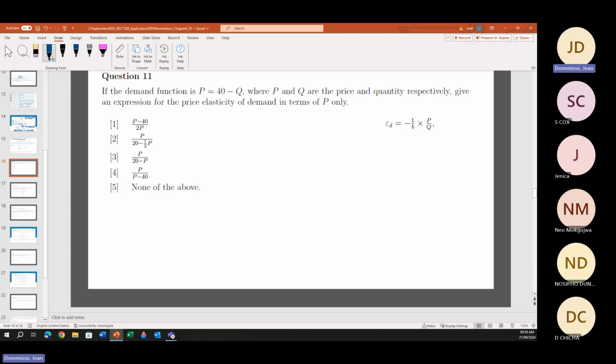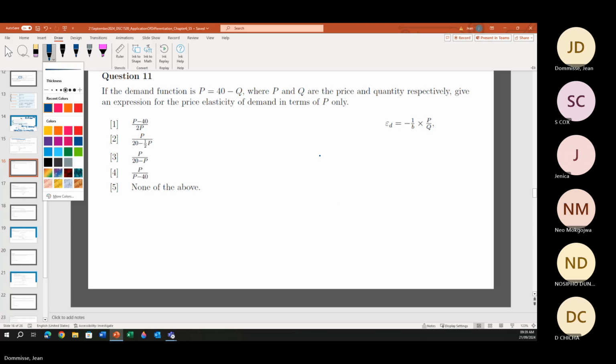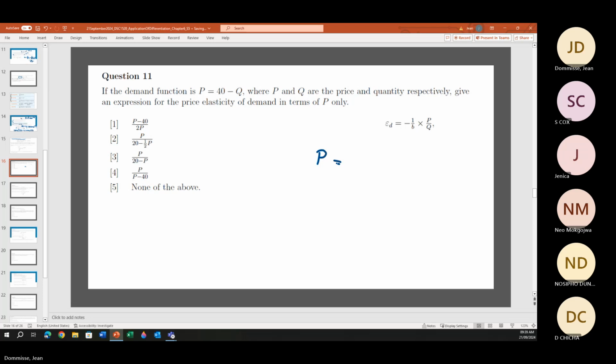Okay, so let's look. And so that is the price function. So we first need to change this function, because I want to replace the Q. So if I want to get to the Q, the 40 will go to that side.